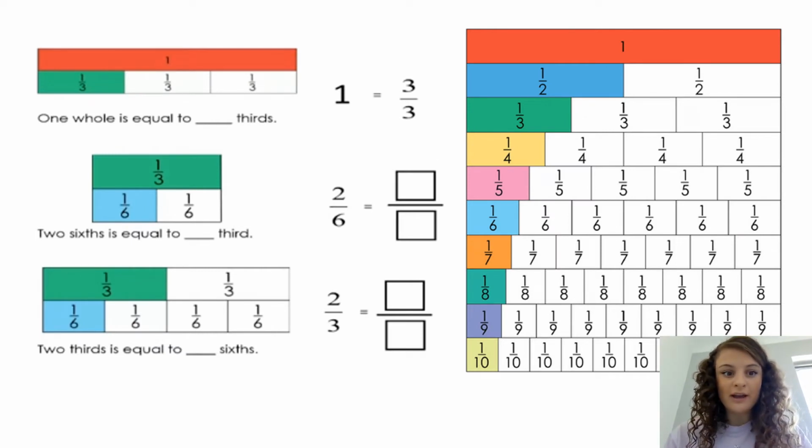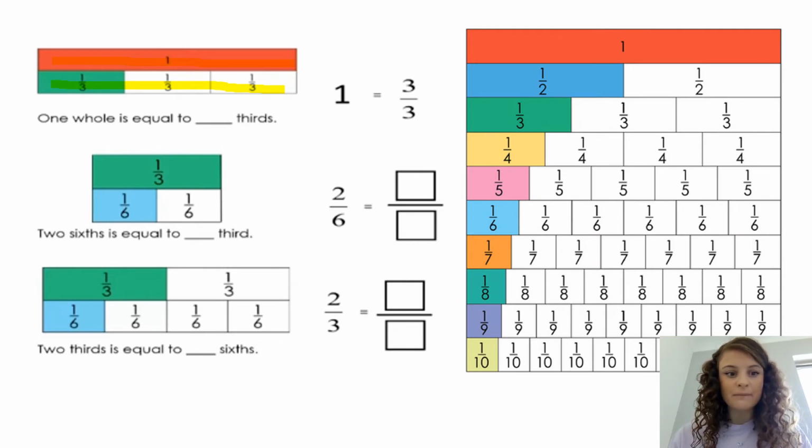Okay, now on the screen I've got my fraction wall and I've got some questions. The first one says 1 whole is equal to blank thirds. I can see my whole along here. Here is my whole. I'm going to look how many thirds it is equal to. 1/3, 2/3, 3/3. So 1 whole is equal to 3/3.